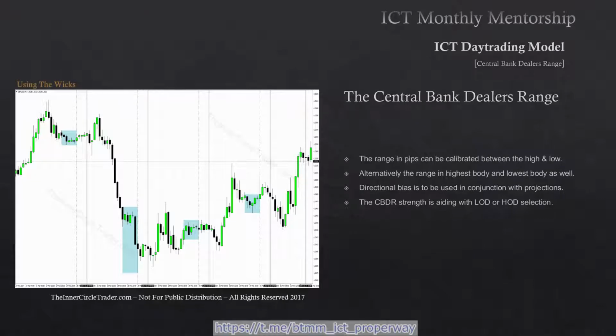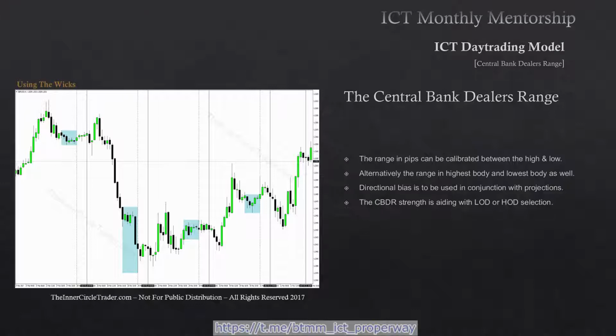Now we can use the range in pips by calibration from high to low or using the wicks, or alternatively, we can use the range in the highest body and the lowest body as well, whatever the highest closing or open price is, and whatever the lowest close or open is in between 8 p.m. and 2 p.m. New York time.